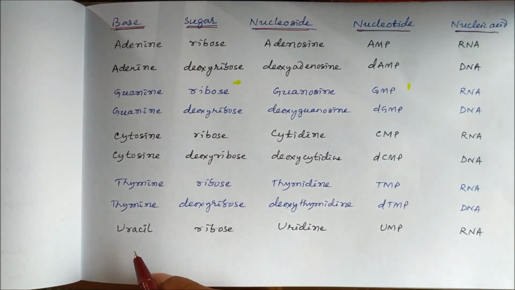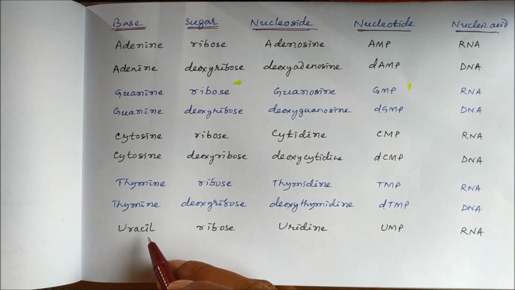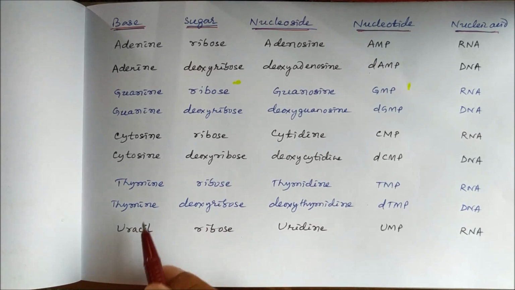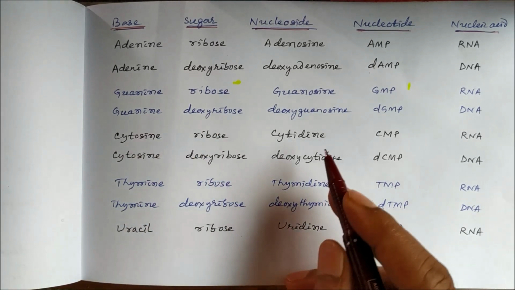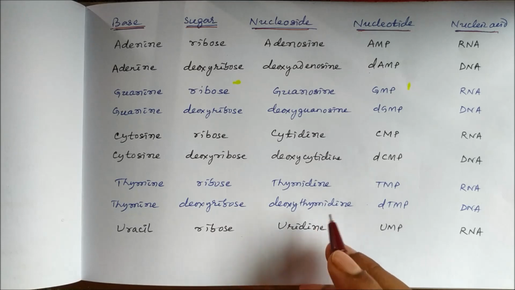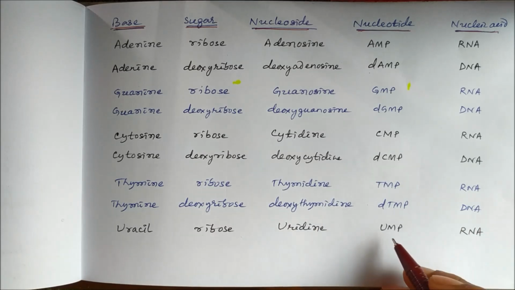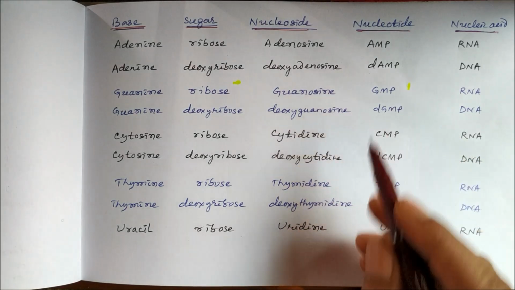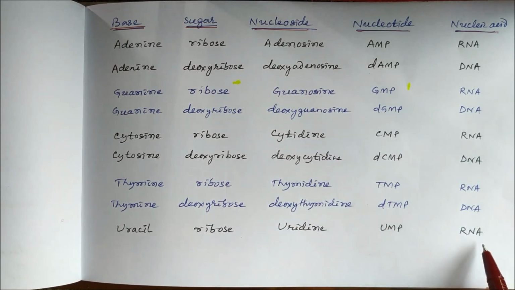And as you know, uracil is the base for RNA, so it attaches to the ribose sugar and forms the nucleoside uridine. With a phosphate it becomes uridine monophosphate, the nucleotide, which is a part of RNA.